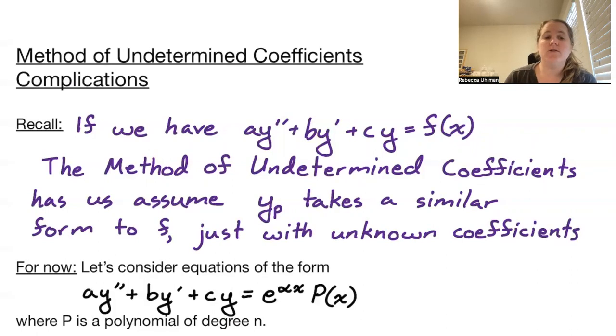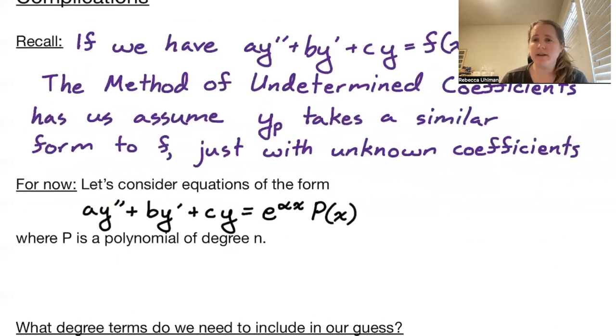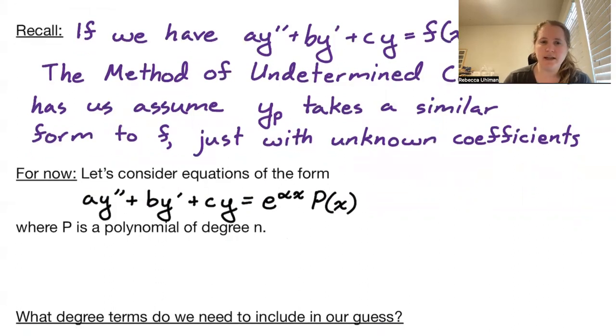So for now, we're going to focus on the equations where f of x is equal to e to the alpha x times a polynomial p of x, where p is of degree n.